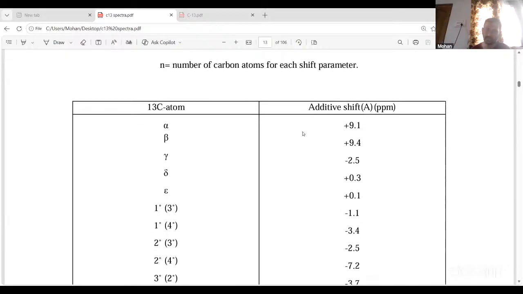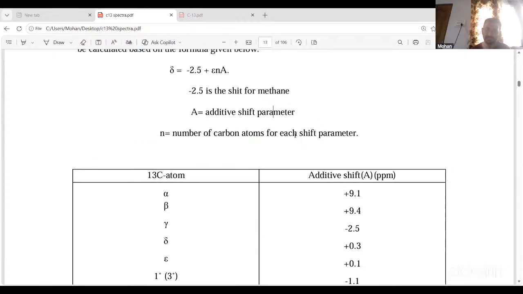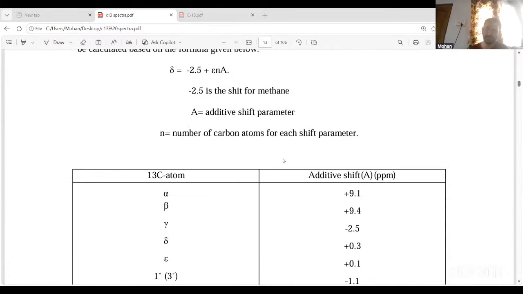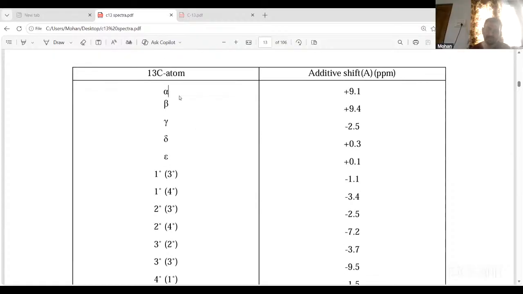By adding those values, we can get the chemical shift values of that particular molecule. Now we'll see the increment values for these things.